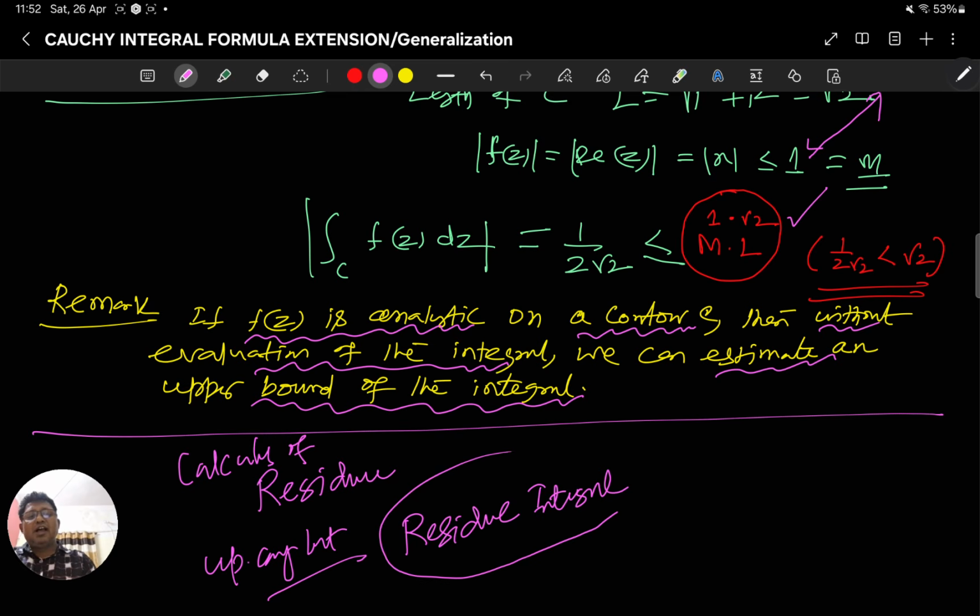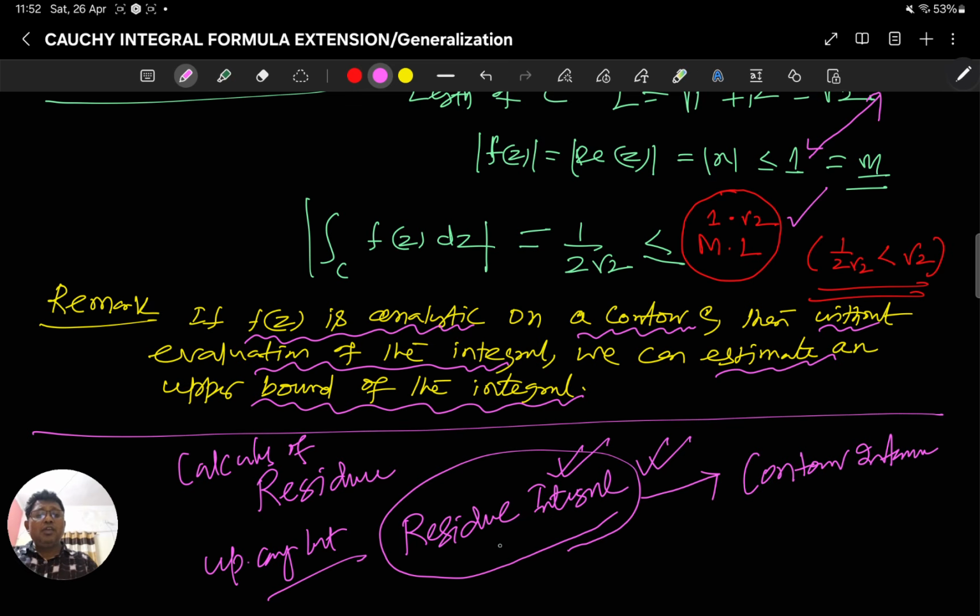So this is another direction to find the integration. The same integral can also be performed by the residue integral, but it will help you further to evaluate the contour integration, right? This residue integral is based on the Cauchy residue theorem, which will further help us to evaluate the contour integration. Contour integrals are used to evaluate real integrals.